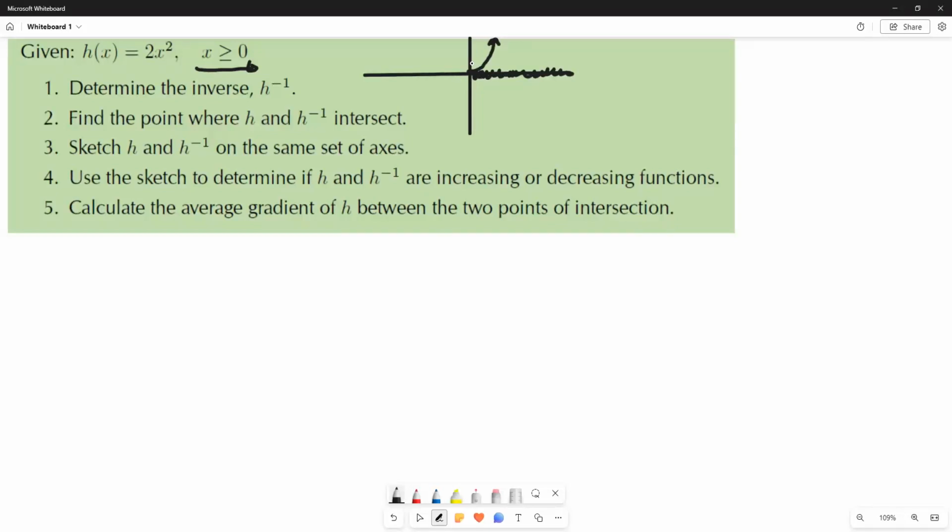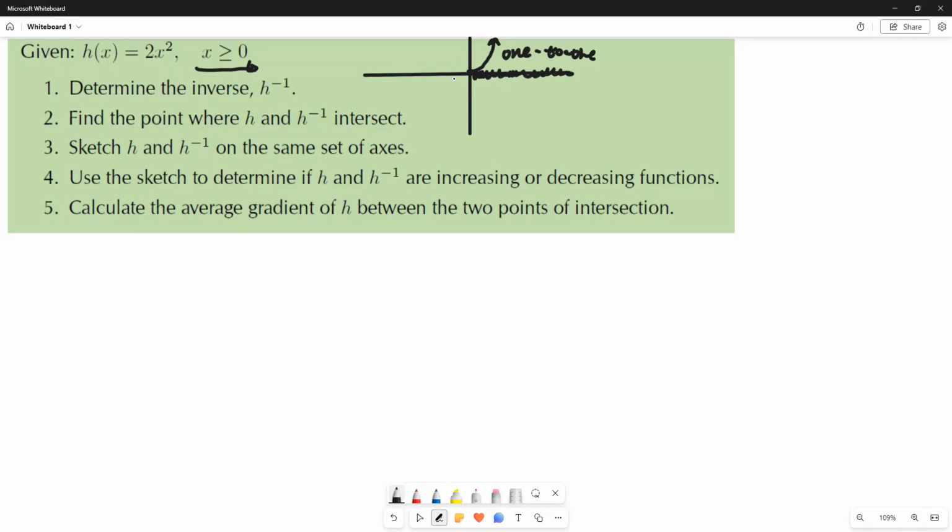Which means you now have a one-to-one function, basically. If they give it to you in this case, it means your parabola is no longer many to one. It's a one-to-one function because they didn't give you the full domain of the graph. They just gave you a half domain of the graph. Okay, perfect.